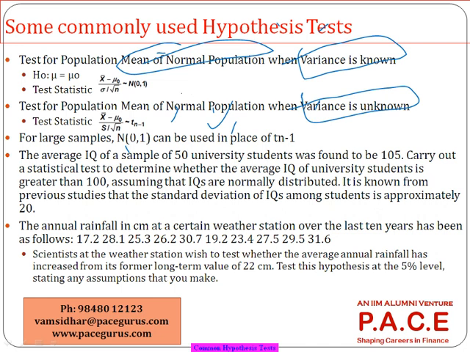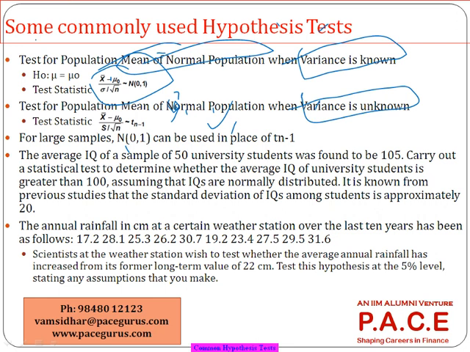Alright. So if the variance of the population is known, we will use the test statistic, which is nothing but the sample mean x bar minus the hypothesized mean mu naught, divided by sigma by root n.